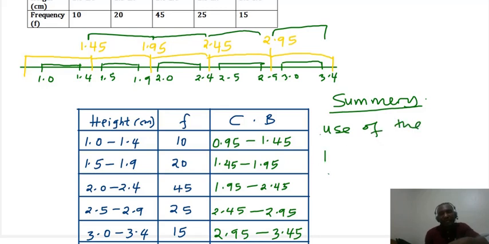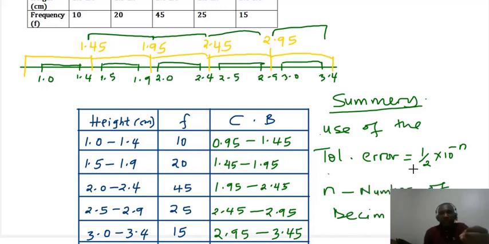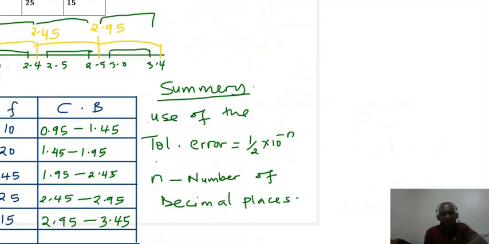Now in summary, when we are required to find the class boundaries, we are going to make use of the tolerance error, which is equal to a half times 10 power negative n, where that n is the number of decimal places. So if the data has 0 decimal places, like for the case of the first one, we shall substitute 0 for n so that we can be able to discover what to add on the upper class limits and what to take away from the lower class limits.